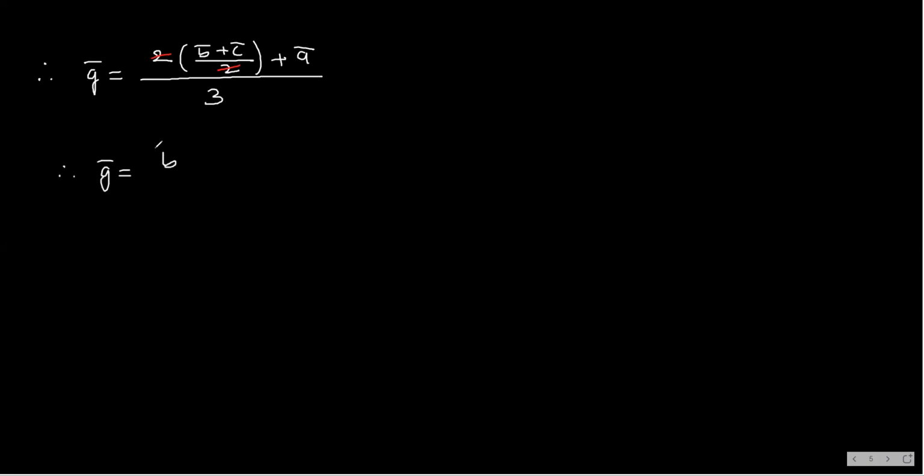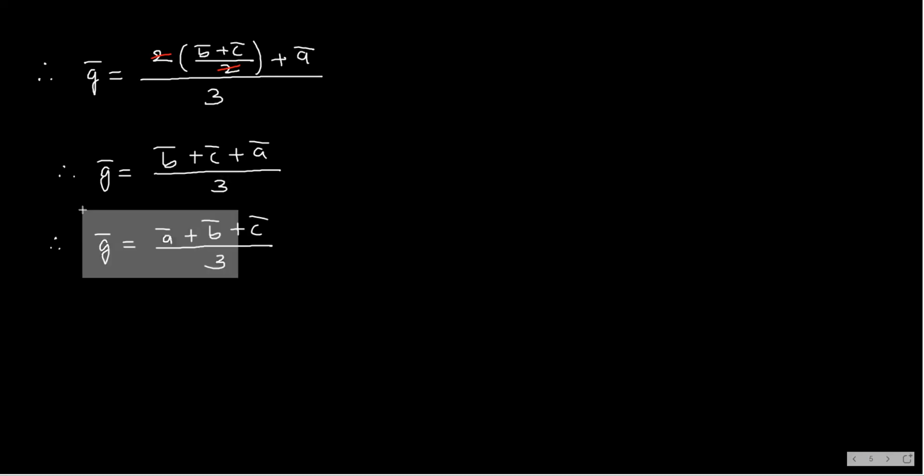So therefore G bar equals 2 times B bar plus C bar upon 2 plus A bar, upon the denominator 2 plus 1, which is 3. In the next step, this 2 will cancel this 2, and I will get G bar equals B bar plus C bar plus A bar upon 3. That is, G bar is A bar plus B bar plus C bar upon 3. This is the formula that we had to prove, and we proved it.